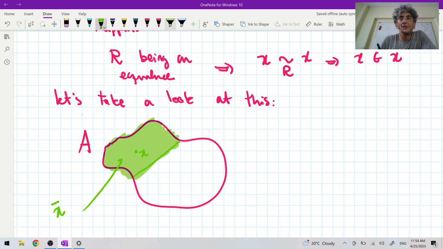Then say you have another element Y, and these guys are the ones that are related to Y, the ones that we paint with light blue.